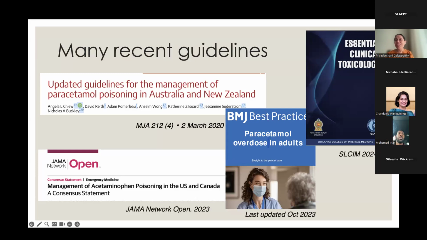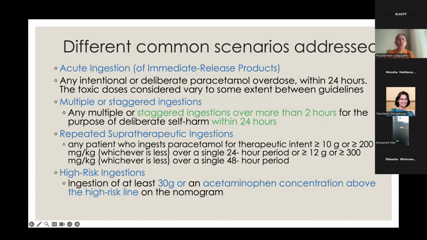And I'm very happy that our own local guideline is 2024, which is particularly with main contributions from Madhuanti, and also launched in Suranga's year by the SLCIM, which is a very, very useful document for managing all kinds of poisoning, including paracetamol. So these are the common scenarios that are addressed in many of these guidelines.